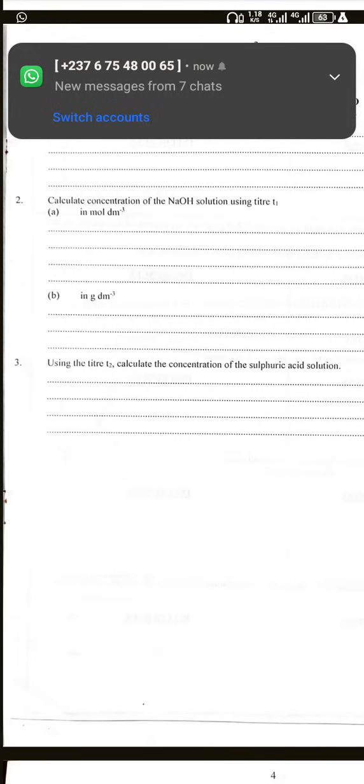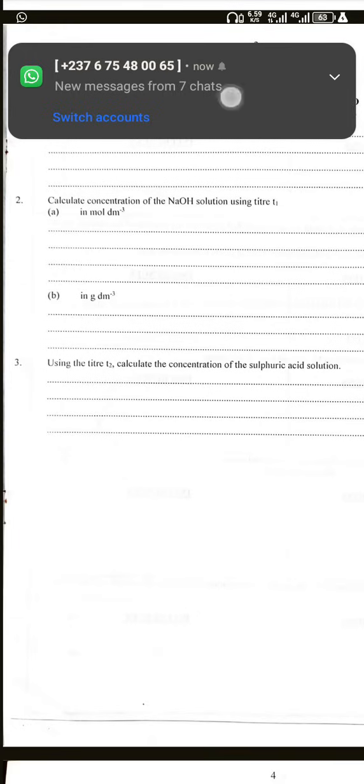Now, to calculate the concentration of sodium hydroxide using titer 1. Titer 1 is the volume of sodium hydroxide that was titrated with the sulfamic acid. Since this is an acid-base titration, you need to use MAVA over MBVB equals NA over NB.